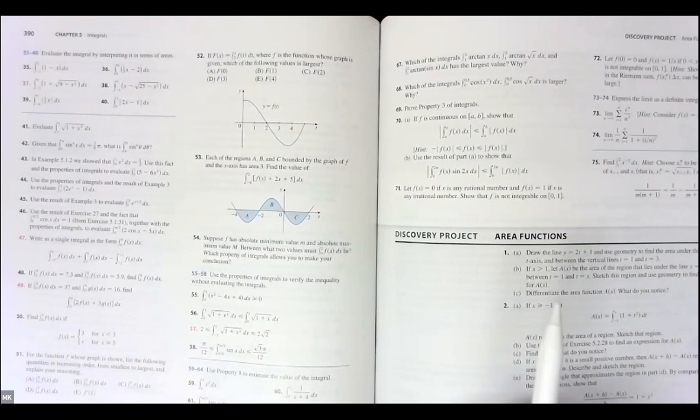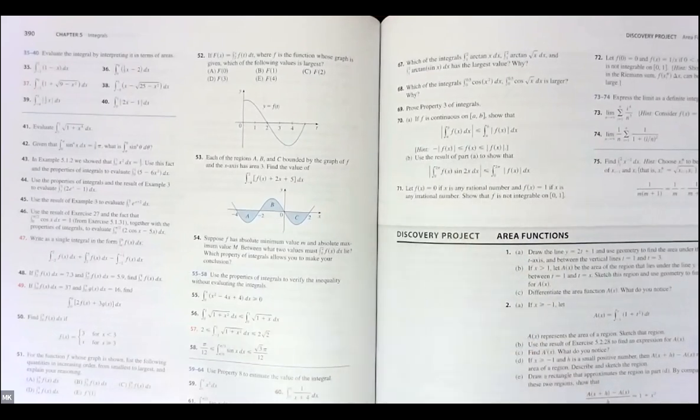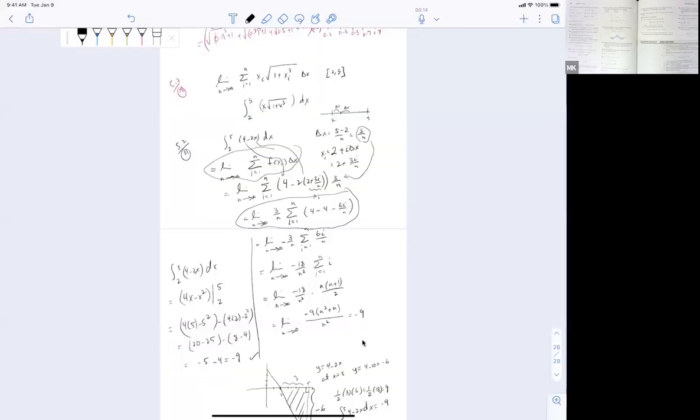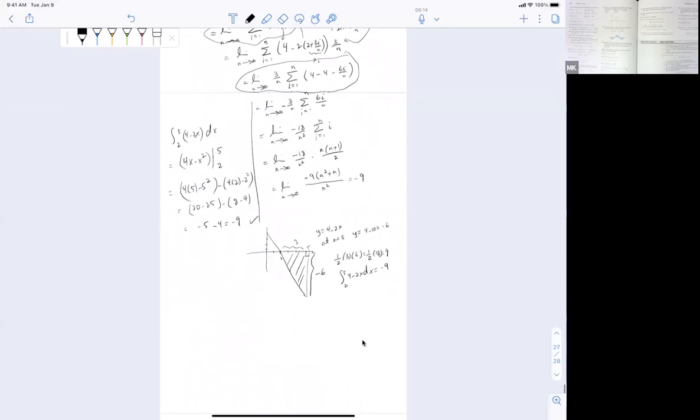One of the very important properties here, there's actually two things that I didn't explicitly say in the past lectures, and those two things are very, very important, and they involve the concept of how addition of functions, subtraction of functions, and scalar multiples of functions work inside integrals.